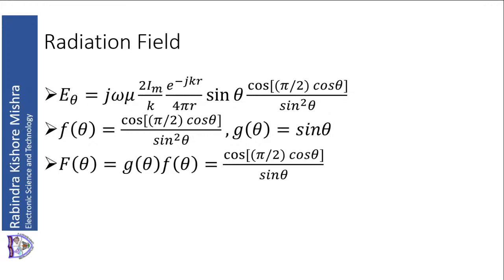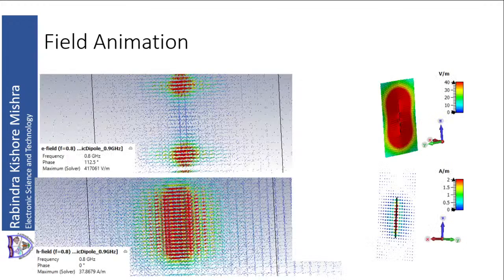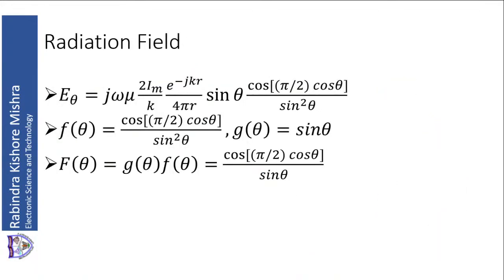Then E theta is equal to j omega mu 2 Im by k exponential minus jkr by 4 pi r into capital F theta, where capital F theta is equal to g theta into small f theta. So using this expression for E theta we can get the animated field for the dipole antenna.